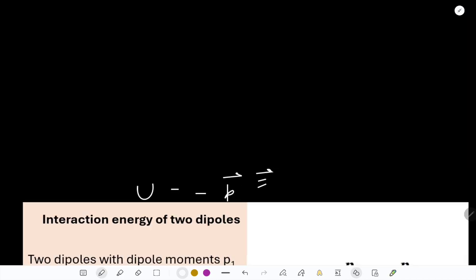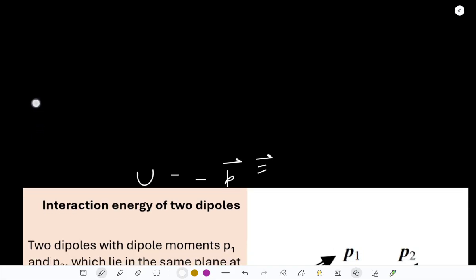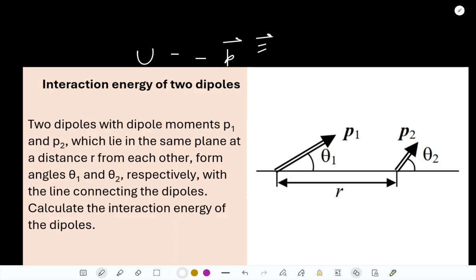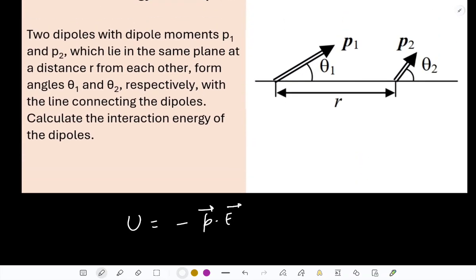We have a formula for this, that is P dot E, dipole moment dot product of the field. So that potential energy simply can be written as minus P dot E. You must have obtained this formula in your studies, and it determines the energy of a point dipole with the dipole moment P in an external electric field E. And in this case, the external field acting on dipole 1, which has dipole moment vector P1, is created by dipole 2.